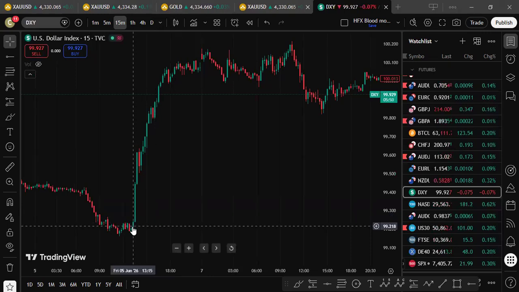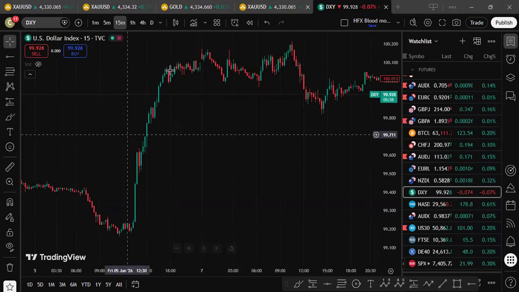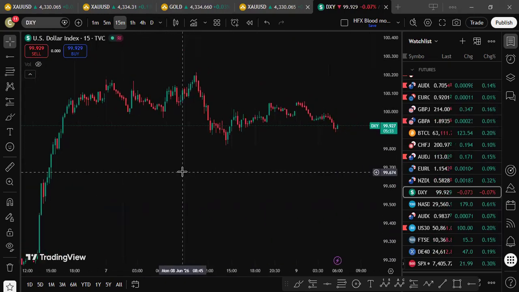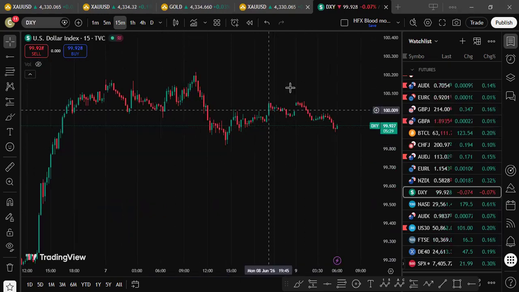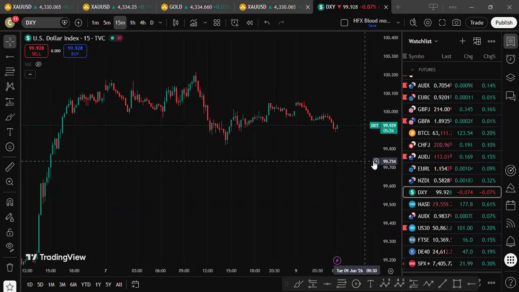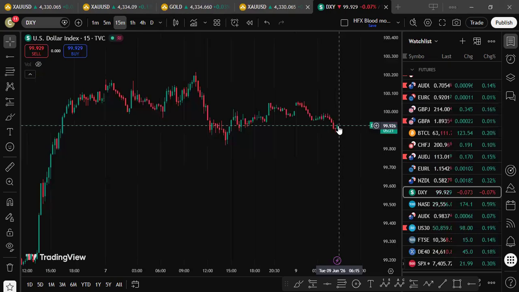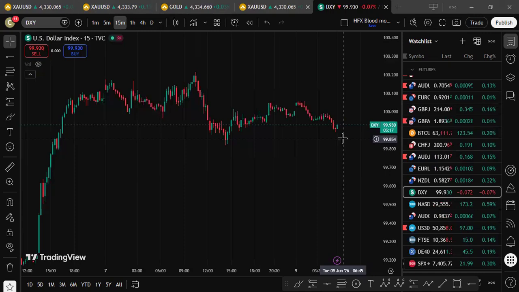You can see the dollar moved from 99 point something to over 100, which is a massive gain for the dollar. And for a while, on the 15 minutes, it's been giving us a low-key downward movement.